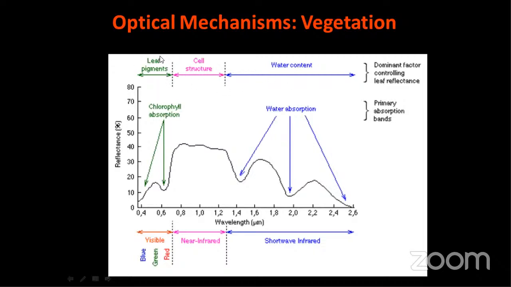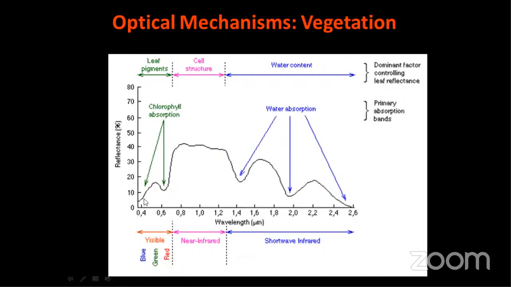What you get from leaf pigment is basically the health of the vegetation, or you can quantify the yield of vegetation. So overall, this is the science behind remote sensing of vegetation.